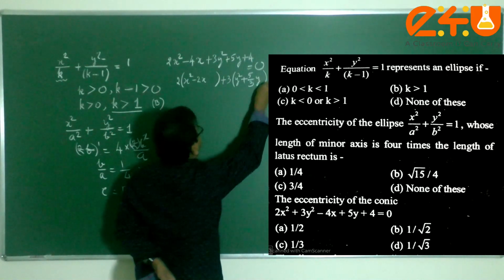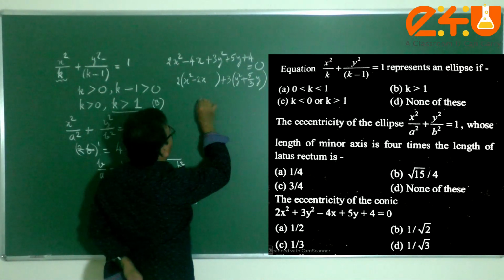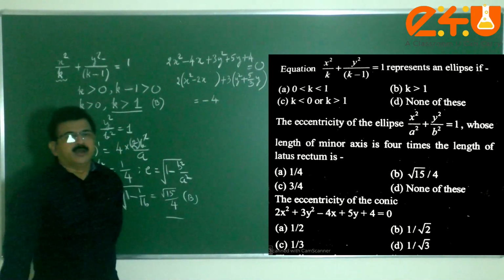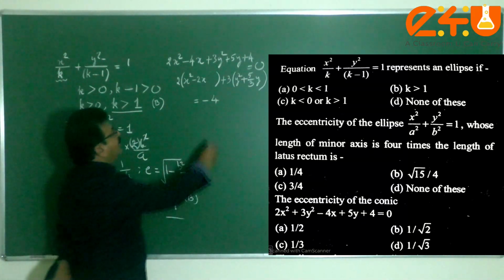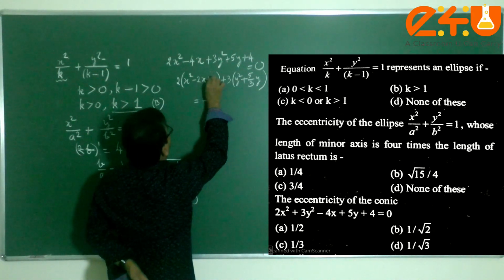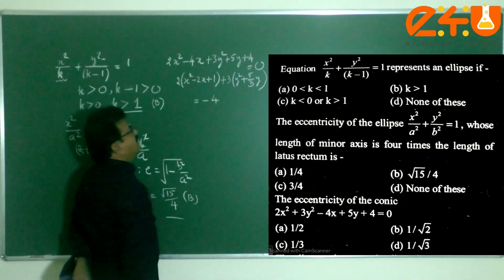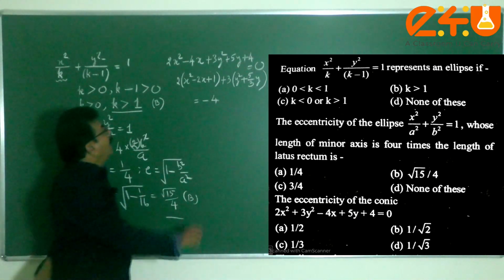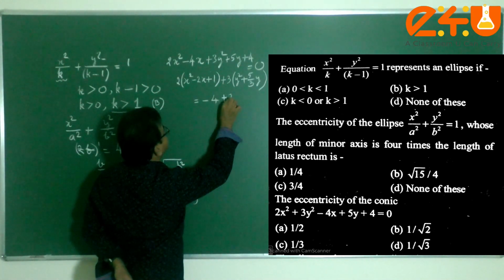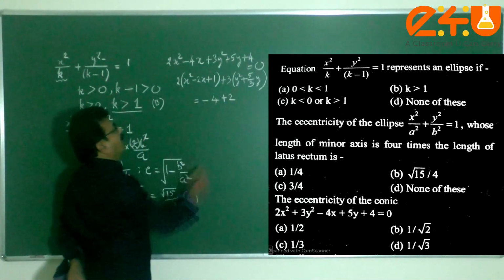Let us complete the bracket. 4 is taken to the RHS. Now to complete the square, I need to add 1 in the parenthesis containing x terms, which is effectively adding 2 to the left hand side, because 2 multiplies the 1.